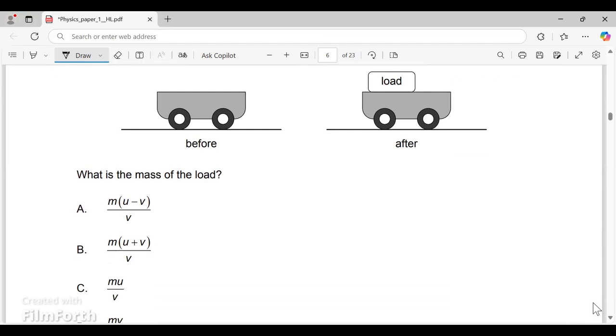Right. In this case, we can state that the initial momentum equals the final momentum.